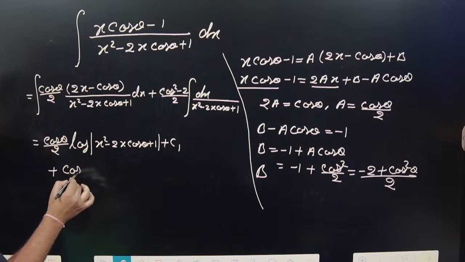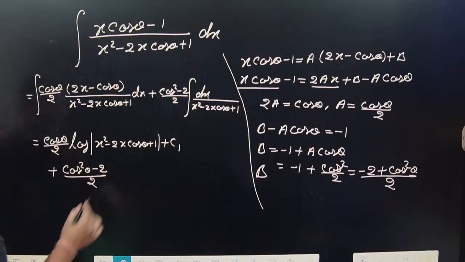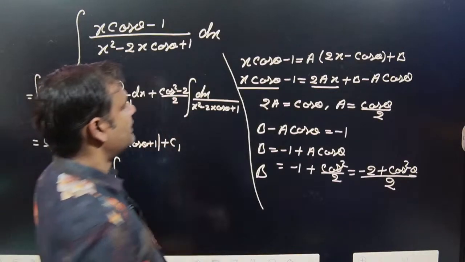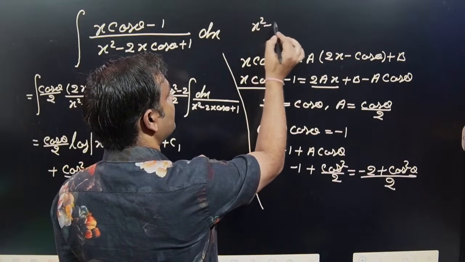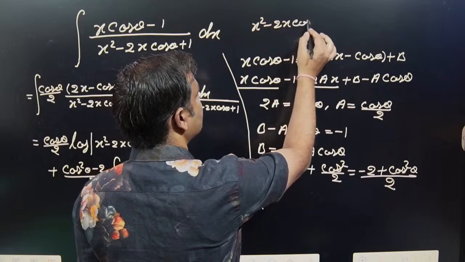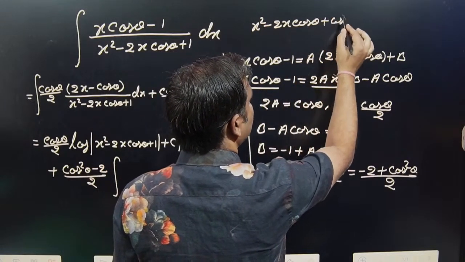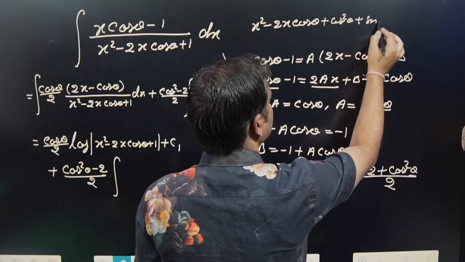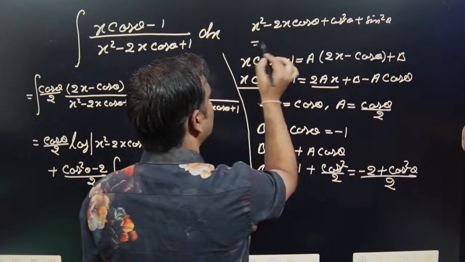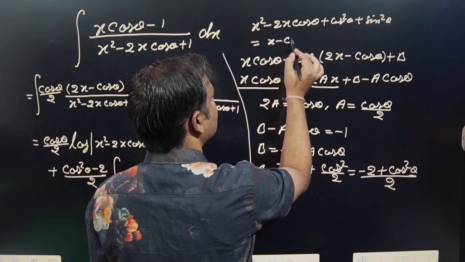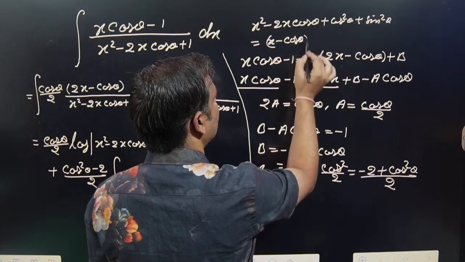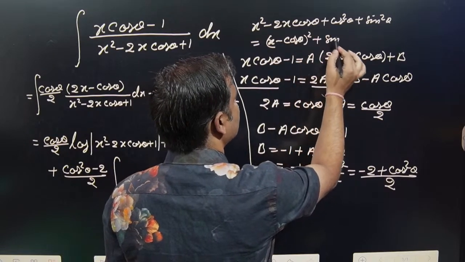So this one is written as cos square theta minus 2 divided by 2. How can we integrate it? Look here. Here, in x square minus 2x cos theta, 1 is written as cos square theta plus sin square theta. So this is x minus cos theta whole square plus sin square theta.